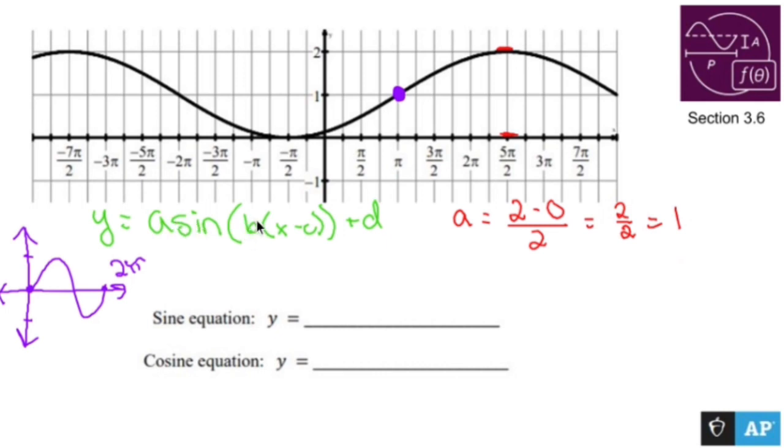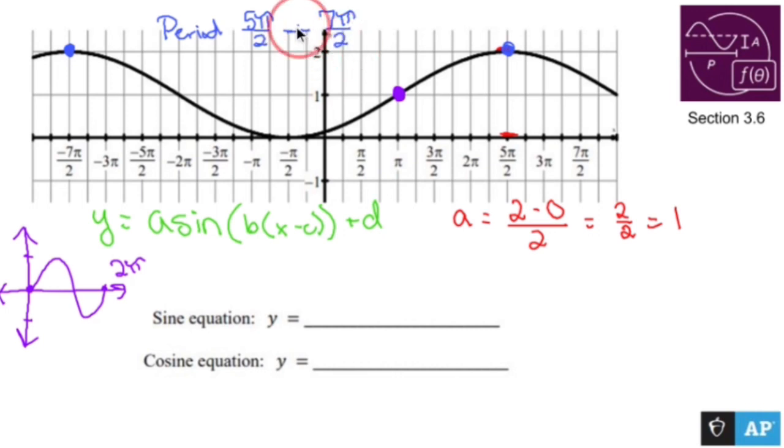B is found by doing the frequency, and in order to do the frequency, I need the period. The period is where this wave process repeats. So we need to find an obvious spot where this repeats. It looks like the very top of the wave and the very top of the next wave happen here. So the period can be found by taking the right side, 5 pi over 2, minus the left side, minus 7 pi over 2.